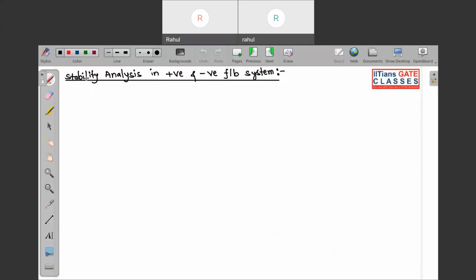So now let us talk about stability analysis in positive and negative feedback systems. Suppose we have an open loop system like this.